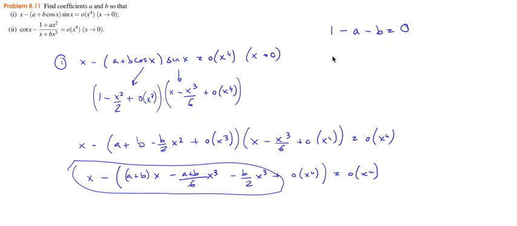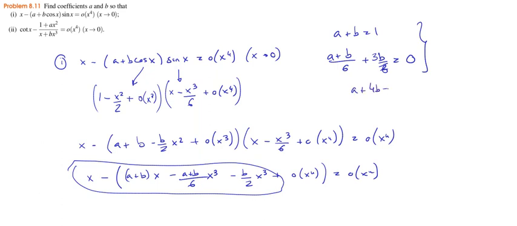So we have a plus b over 6 plus b over 2 equal to 0. So this is a plus b equals 1, and if we take everything in the same fraction, this is 6, this is 3, 3 over 6, so this is a plus 4b equals 0.